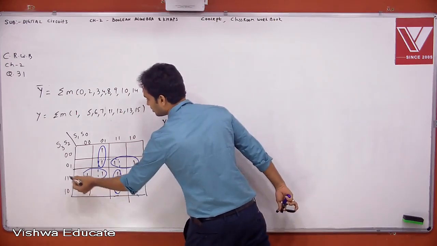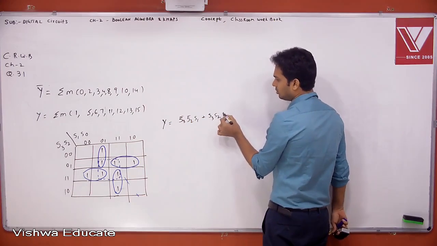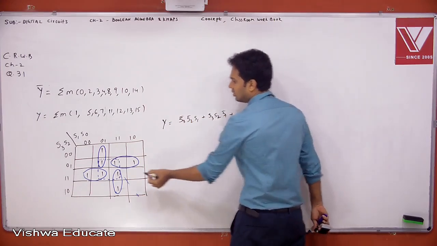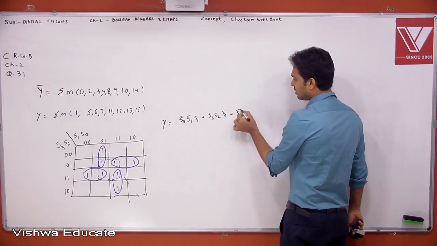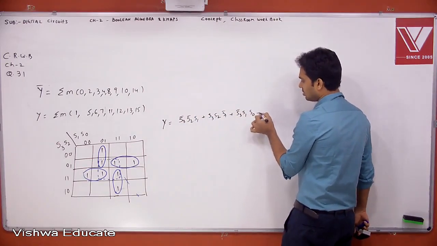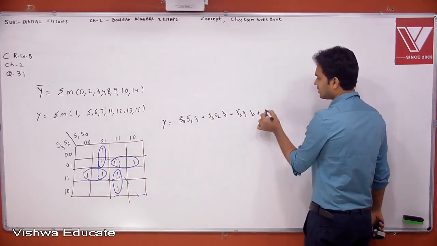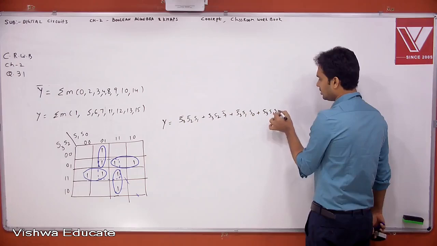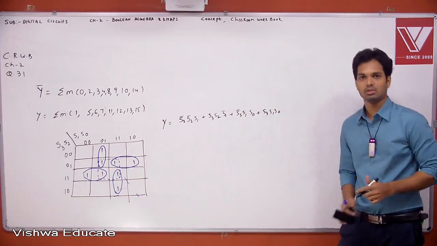Next, this pair, S3, S2 into S1 bar. For this pair, S3 bar, S1 into S0. For this pair, S3 into S1 into S0. This is the final output expression.